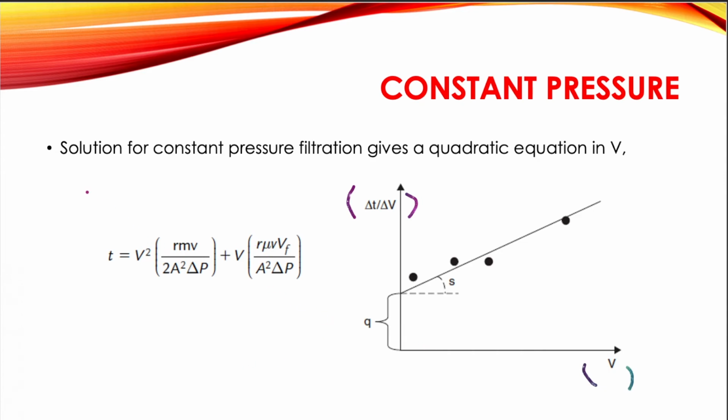The solution for constant pressure filtration gives a quadratic equation in V. If you're going to calculate T, then you use V squared times R mu V over 2A squared delta P, where you have the pressure drop.